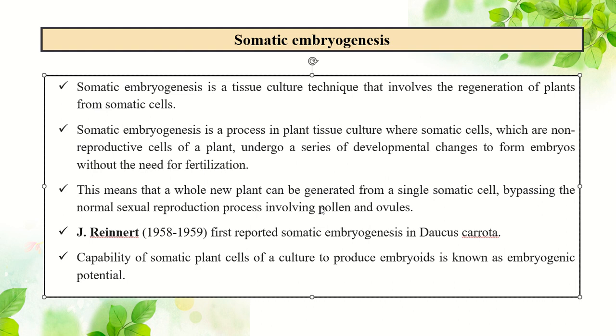Every somatic cell has an ability to produce embryos, but this is not general for all plant tissue culture techniques or all plant species. Today in human beings also, they are utilizing similar techniques with somatic tissue cells.